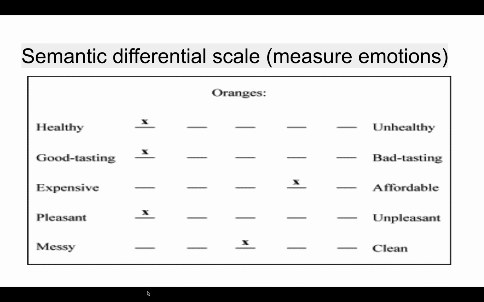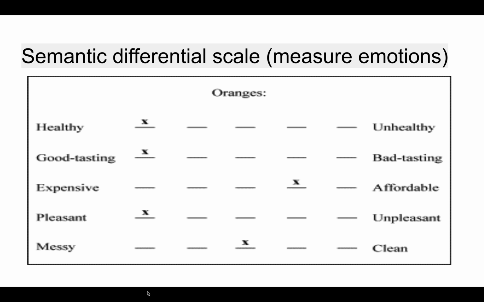And to measure emotions where there is a negative and a positive aspect to an emotion, like for example, unpleasant, messy and clean, we use a semantic differential scale, where a score of 1 indicates healthy and a score of 5 indicates unhealthy.